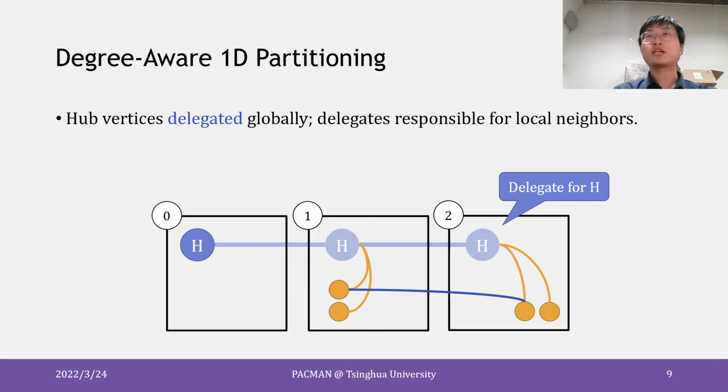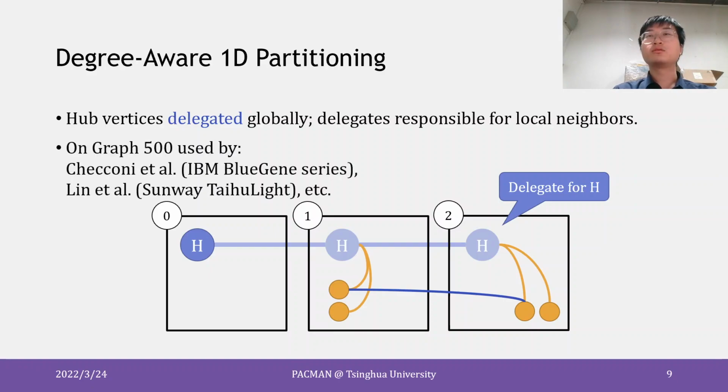Also, the communication required by the hub edges is replaced by communication between the hub and its delegates, eliminating redundant communication. It's a technique widely used in both general-purpose graph computing, for example PowerGraph, and the Graph 500 benchmark. This includes Checconi and others' work on the IBM Blue Gene series, and our previous work on Sunway TaihuLight by Heng Lin and others.